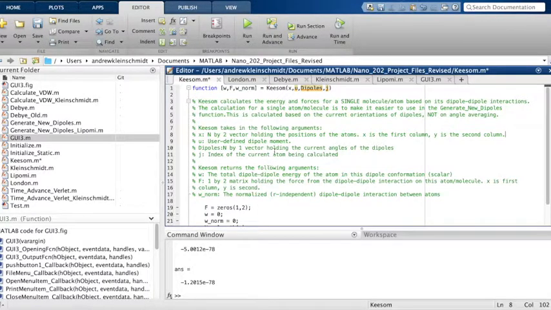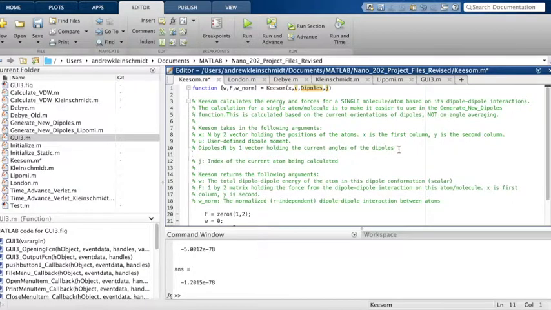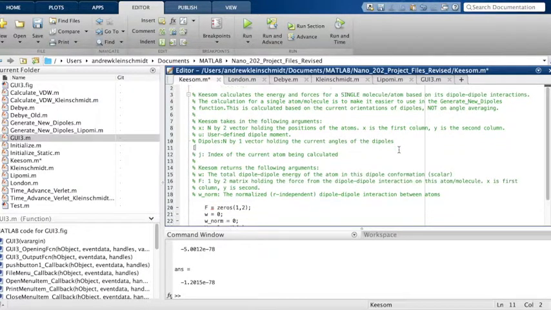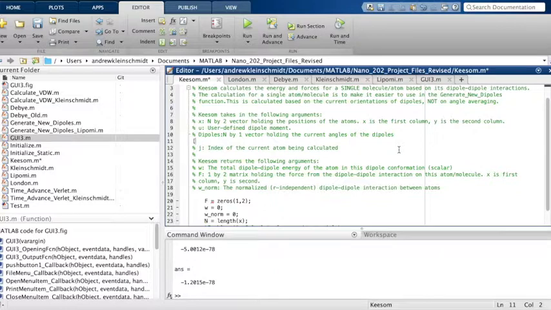Dipoles, so that's going to be an n by 1 vector, where remember, n is the number of atoms in the system, which holds all of the current angles of the dipoles. So if we had 3 atoms in the system again, the list could look something like one dipole is oriented at 180, one is oriented at 75 degrees, and one is oriented at 30 degrees.